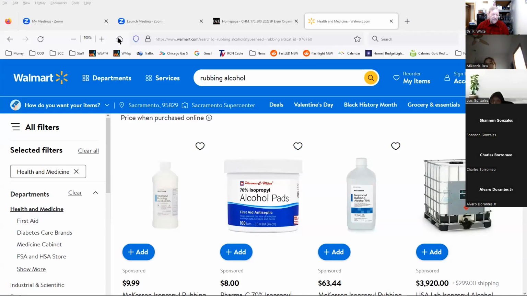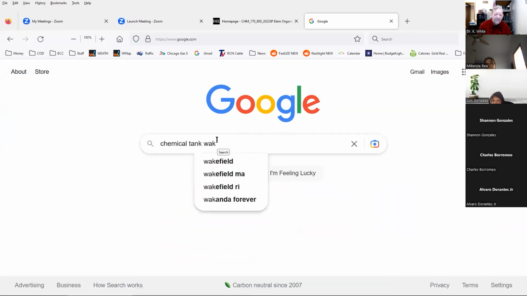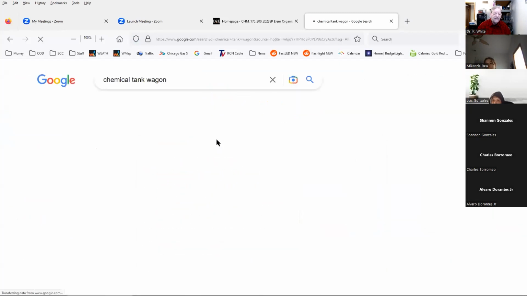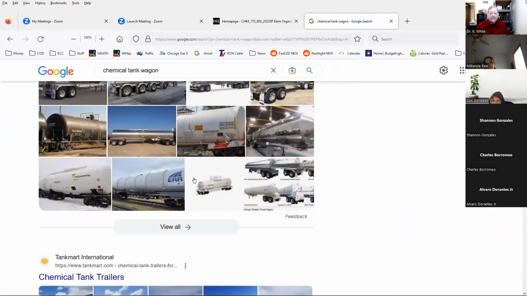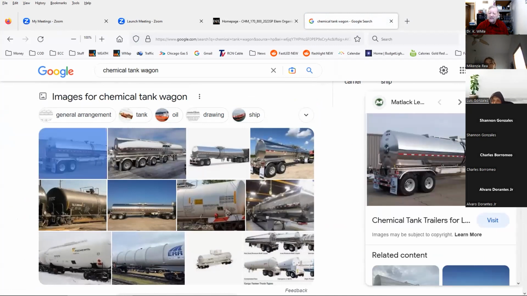Oh, for those, I think I mentioned it. If you see a tank wagon, the vehicle that you see something like this at a gas station, they don't show the cab in front where the driver pulls this.